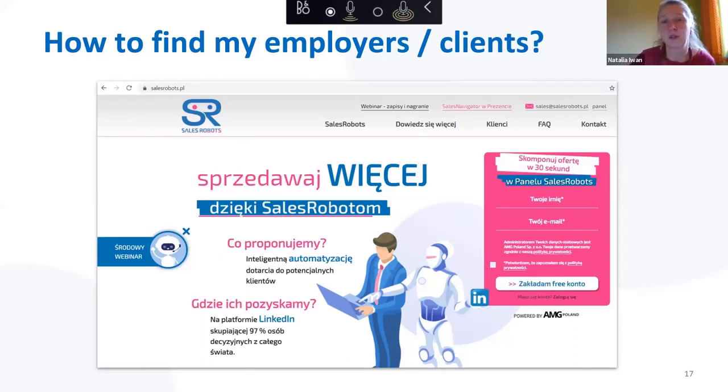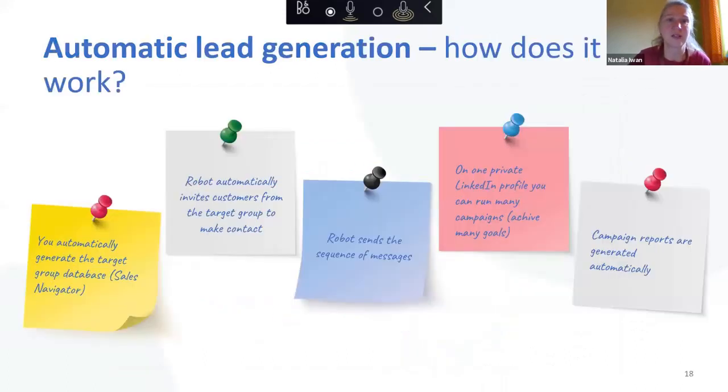Sales Robot can help you generate leads automatically without any limits on sending messages on LinkedIn, reaching profiles, getting connections, and most importantly, it sends the information to your prospects, your potential employers, automatically. So it's also in Georgian, as I said.